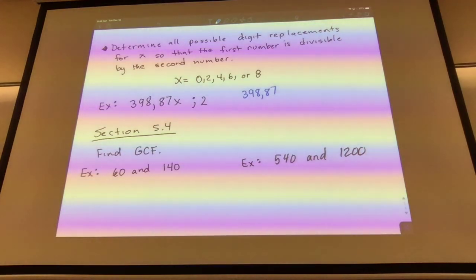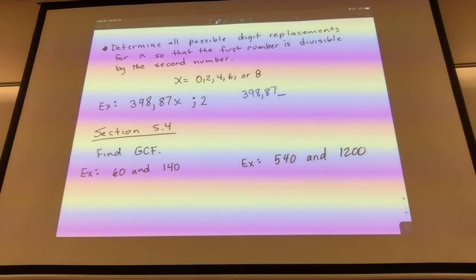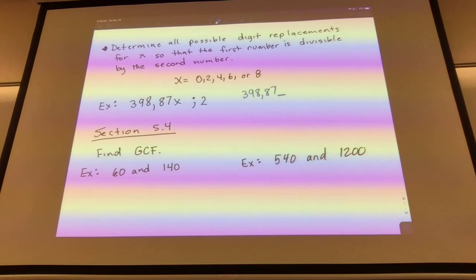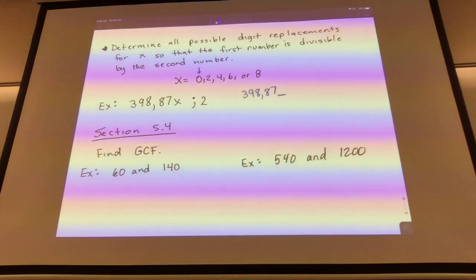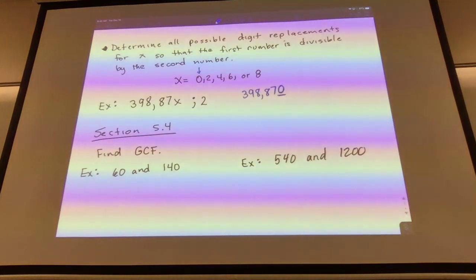When it's saying we want to know if that number, which we're going to have different values there, is going to be divisible by 2. So what's the first one we want to test? When x is 0. So let's put a 0 in there.